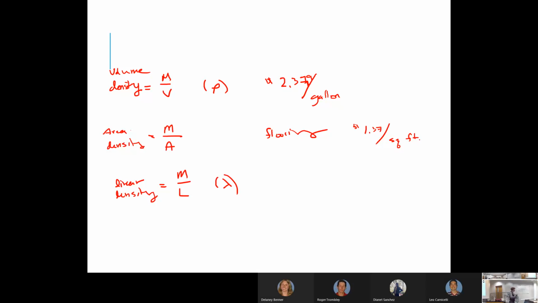Whether that be amount of money, whether it be volume, whether it be charge. And right in here, sigma. Something per unit area. In the case in point, we want to deal with the charge per unit area.